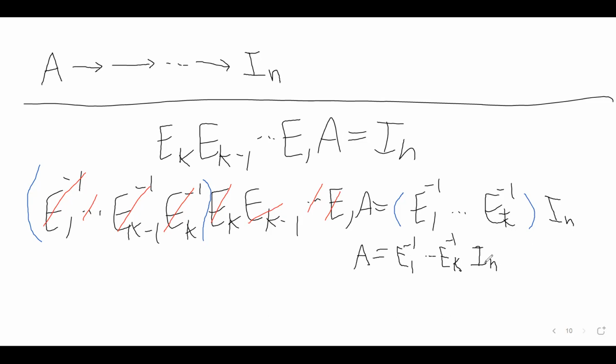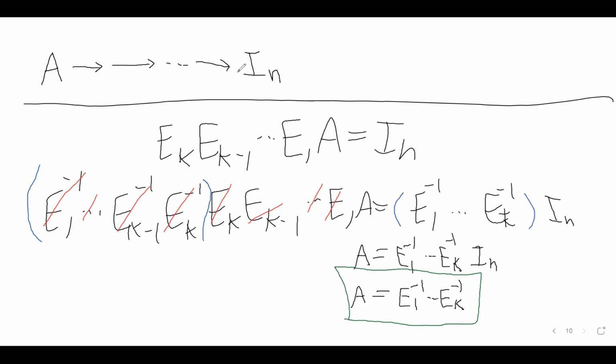Multiplying by the identity doesn't change anything, so this is equal to E1 inverse ... E sub k inverse. So we just showed that A is equal to the product of those inverse elementary matrices in that order. Okay?